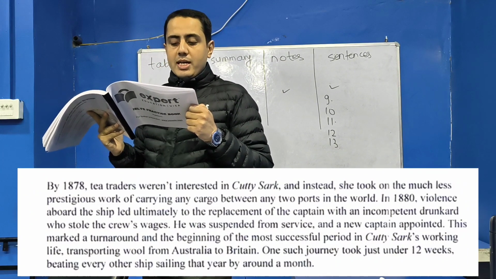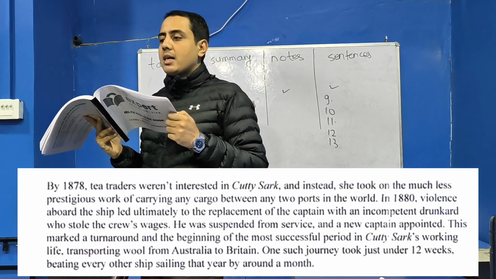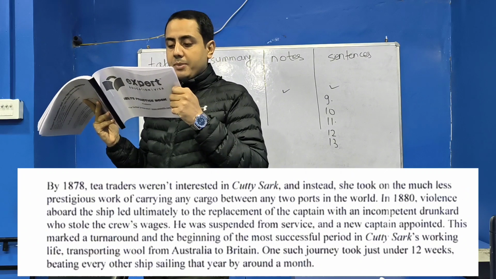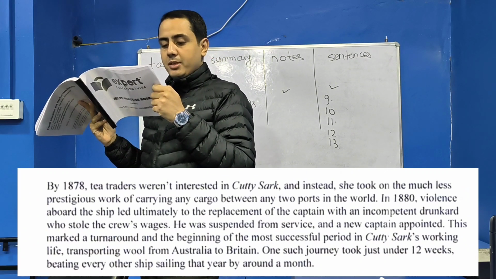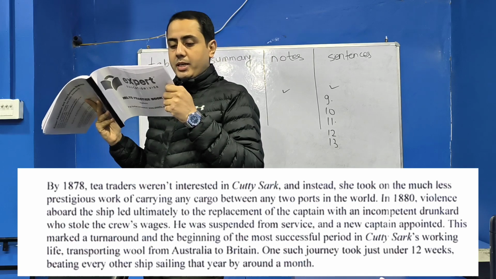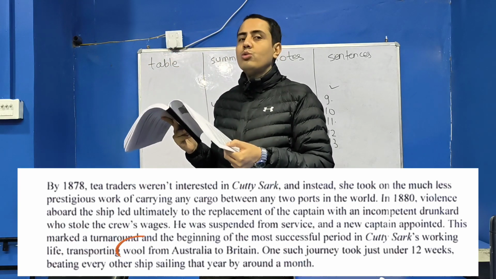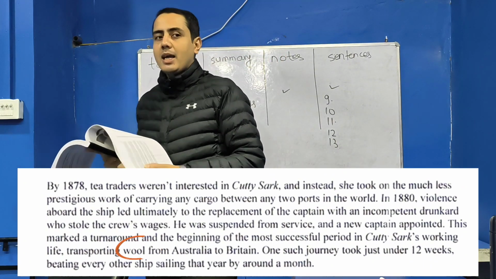Now, near that word, let's search for a word that is a cargo that a ship can carry. Violent ship, ultimately captain, incompetent, drunkard, new captain, turnaround, successful period. Transporting, do you see that? Second last line. Transporting wool. So wool must be the cargo that the ship carried. So number 9 must be wool.